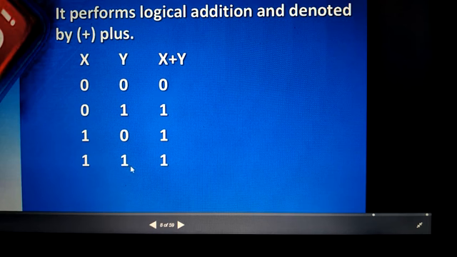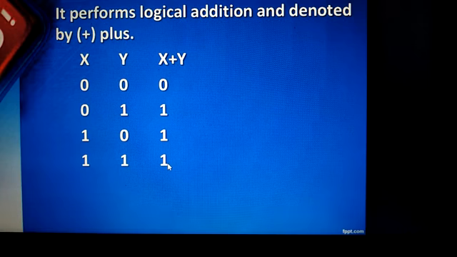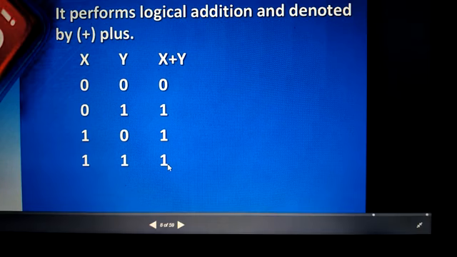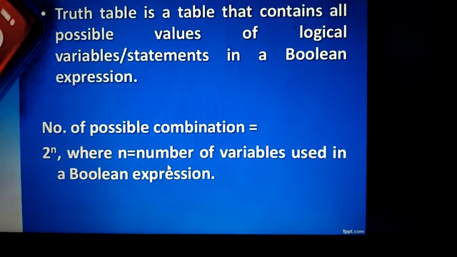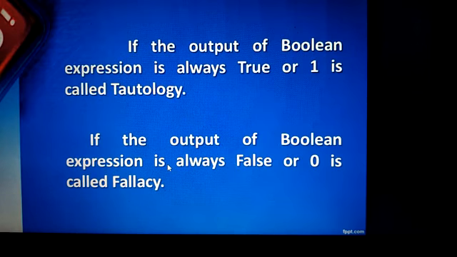And 1 and 1 and the result is 1, this is called tautology. So I hope what is fallacy and what is tautology is clear to you. When the output is 0, it is called fallacy, and when the output is 1, it is called tautology.